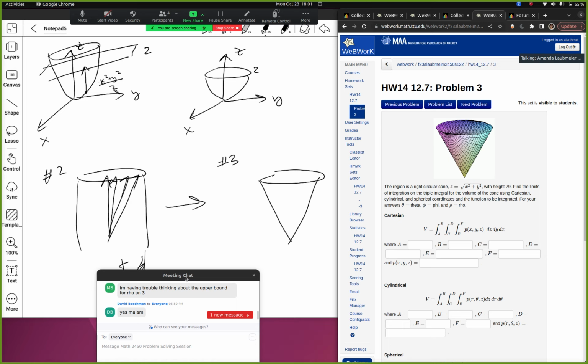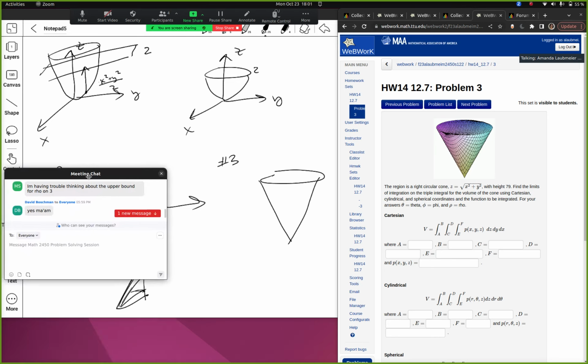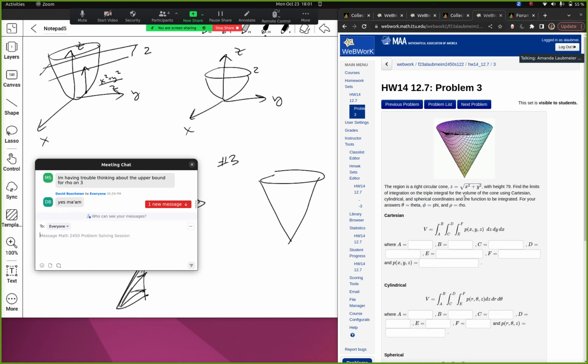Oh, sorry, the chat is blocking it. So problem 2 was taking this cone and adding the cylinder that it sits inside to it. Problem 3 is just doing the first half. And so to actually get that equation, ask yourself, how would I write a function for the top of this surface? That's where rho is going to go. And then convert that to spherical coordinates. So for me, as ugly as it is, my cone has height 79.